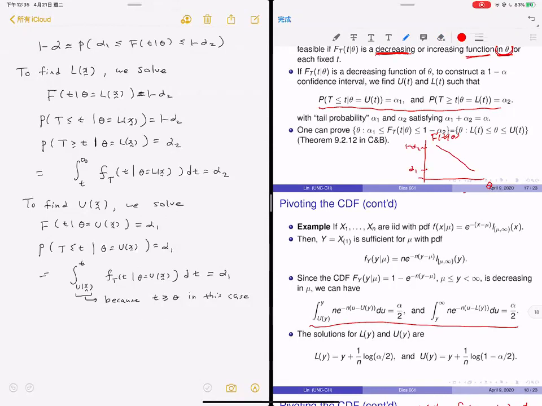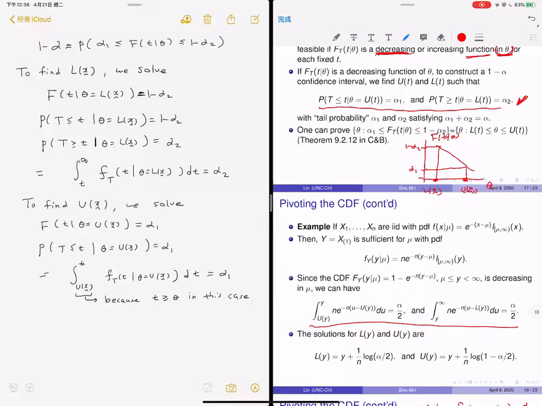Basically, it's quantile to quantile, A to B. So pivot: you're using the lower bound to find the upper bound of the interval, and the upper value to find the lower bound. Basically, that's where these two equations come from.